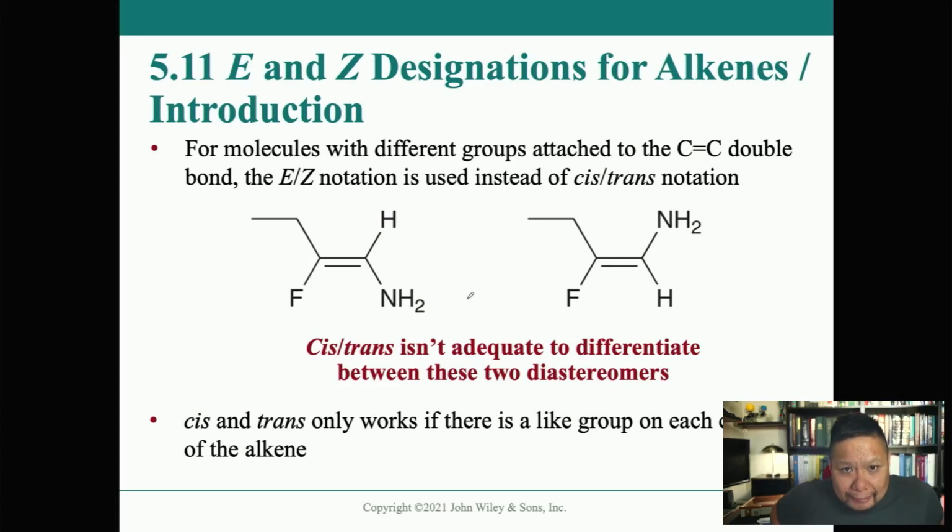But if you have two different groups, for example, here you have an amine and a fluorine on one side, and on the other one you have an amine and a fluorine on opposite sides, you can't just use cis and trans. So this is when we come in with the E and Z notation. So how do we do E and Z notation?